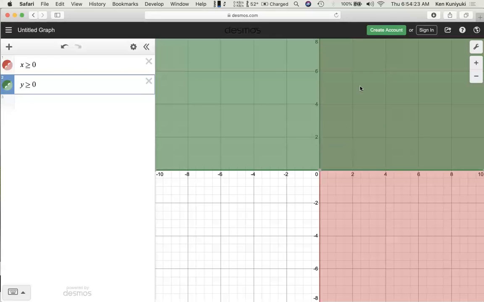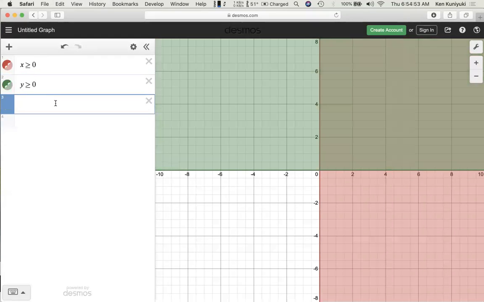So all the points in here, including on these rays here, all of these points will give us the solution set for this system of inequalities, overlaps. Just like if we dealt with curves, we wanted the overlaps or intersection points between curves. When we're intersecting these regions, we get a region of intersection here, which is the solution to the system of inequalities.